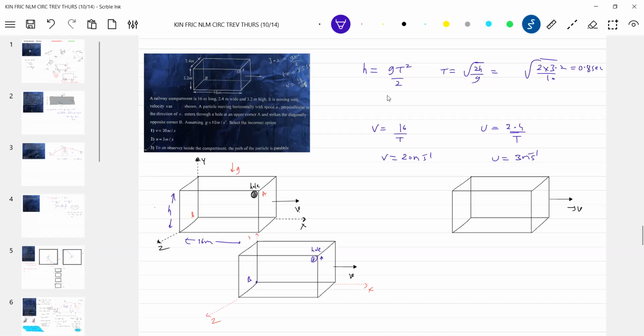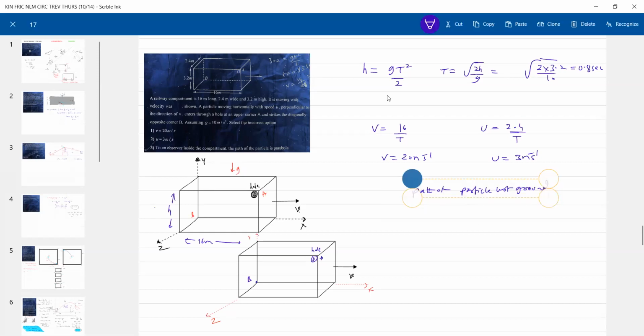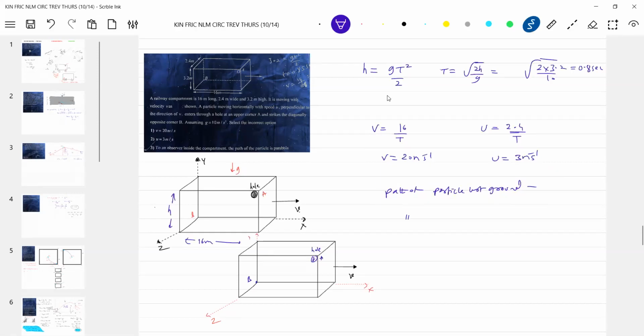To an observer inside the compartment, the path of the particle is a parabola. First we'll talk about the person on the ground. How does it appear for him? Path of the particle with respect to the ground, and path of the particle with respect to the compartment, the railway train.